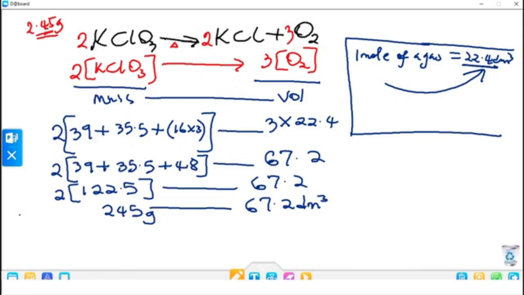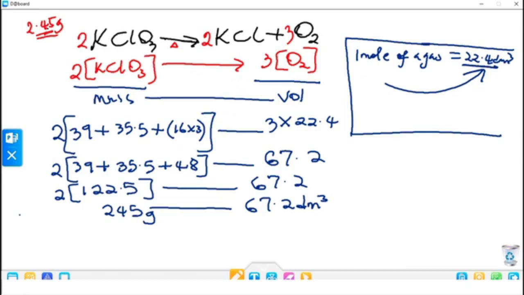Since we have 3 moles of oxygen gas, that volume is 67.2 because we multiply 22.4. So from the equation, it is proven that 245 grams of potassium chlorate produces 67.2 dm cube of oxygen gas. That is the volume of oxygen gas produced according to the equation.